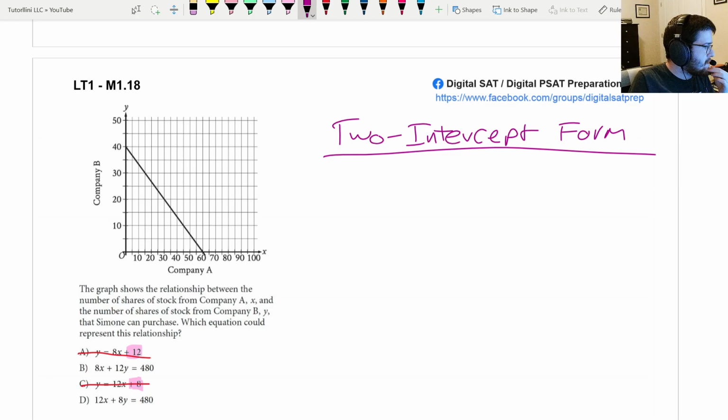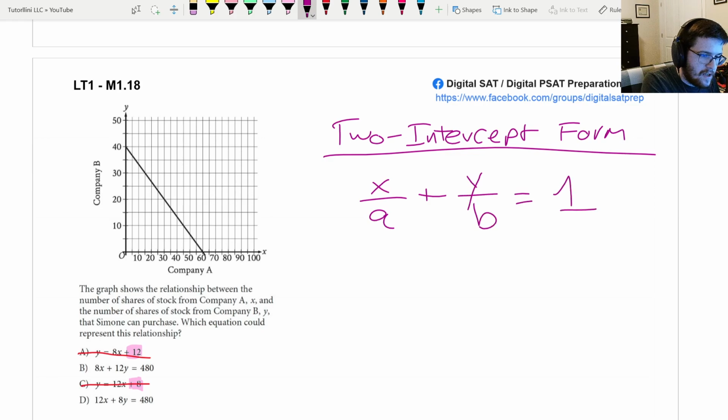It is x over a plus y over b equals 1. You don't have to know this. You could just pick points. I'm just trying to do it organically. So where a is the x-intercept and b is the y-intercept.